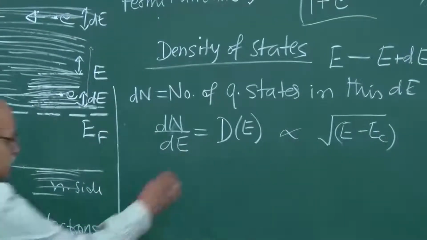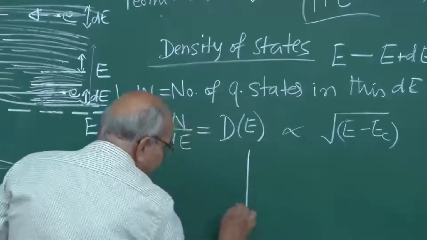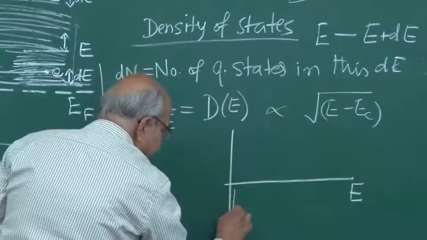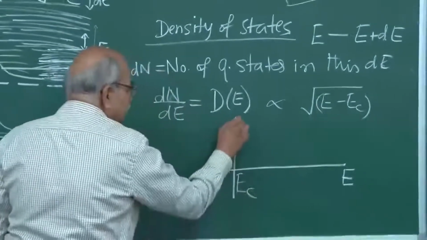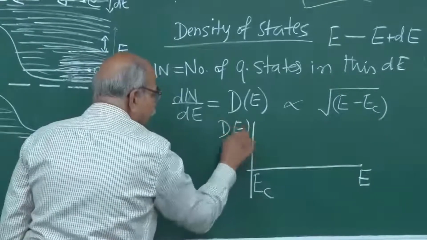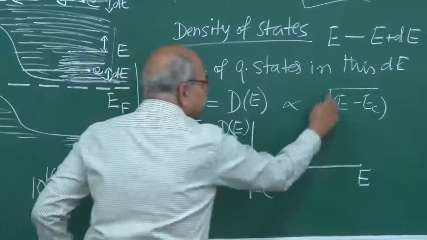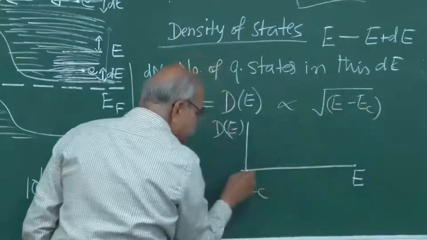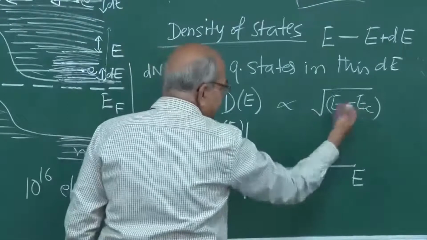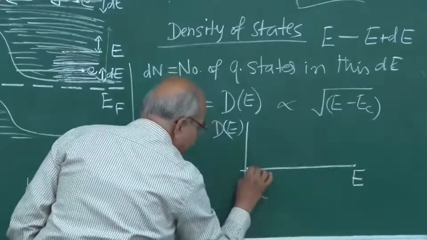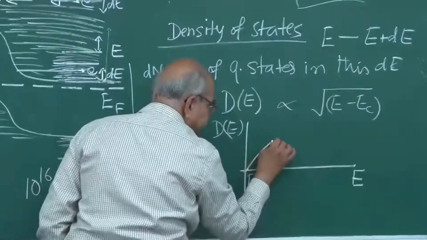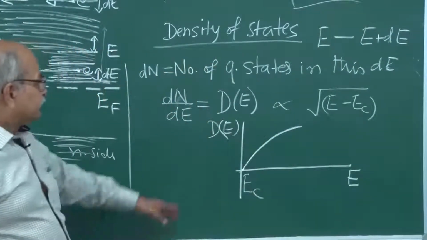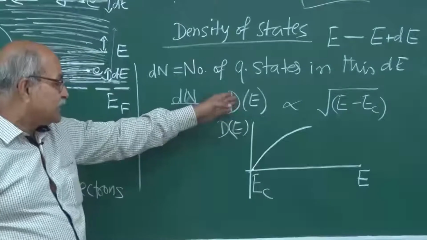So if I plot D(E) here, let's say this is energy E, and this point is energy EC, and this I am plotting D(E). How will that go? D(E) is proportional to the square root of E minus EC. So at E equal to EC, it should be 0, and then it is proportional to this. So it will go like this. This is how this density of states will change.